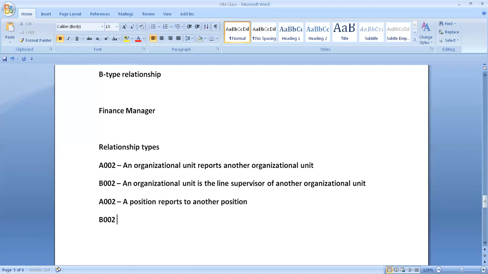Similarly, B002, you can say in the reverse way, a position is the line supervisor of another position.